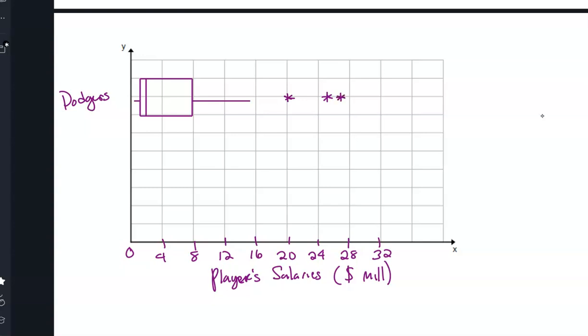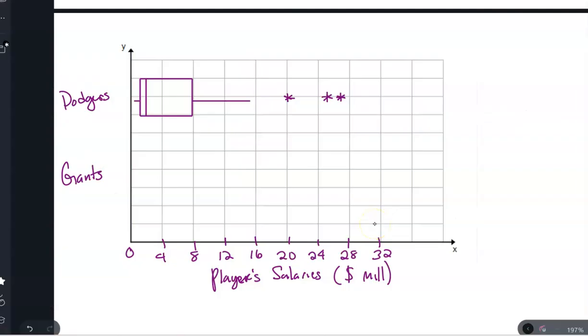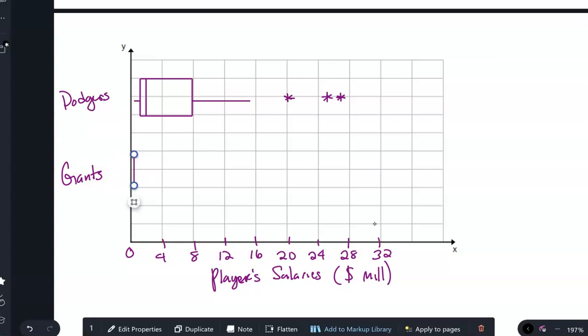Okay, there's our Dodgers. All right, and then Giants, which again, those first few numbers are really all squished together, and the median's a little bit higher. So I'm going to make that look a little bit higher, but like I mentioned, they should technically be a little bit closer down here.